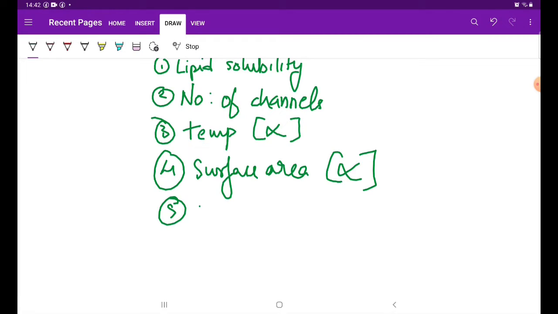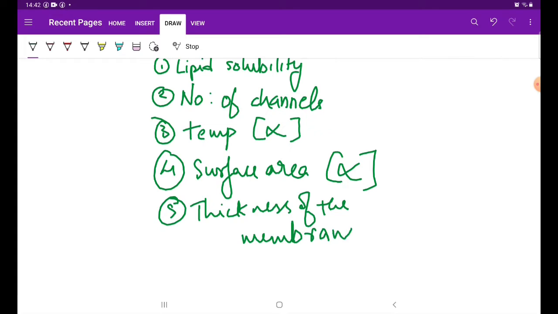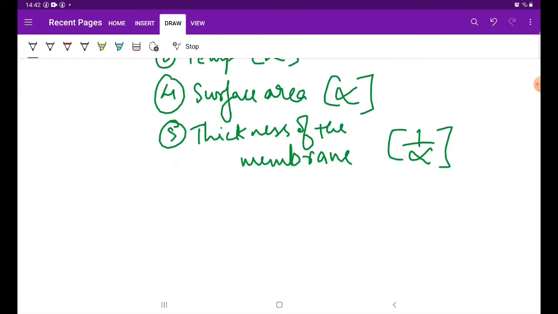thickness of the membrane. And in this particular case, it is inversely proportional. So as the thickness of the membrane increases, simple diffusion will decrease.